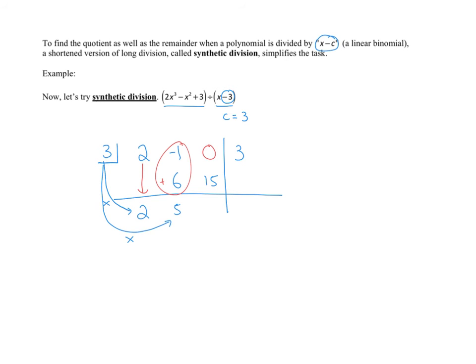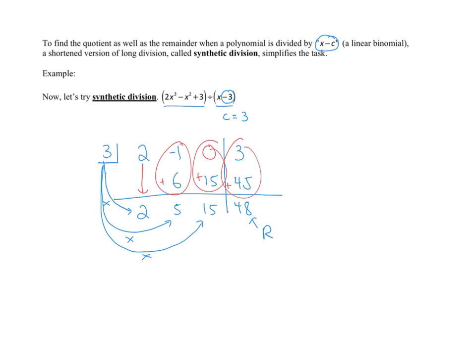We get 15. We add 0 plus 15. You get 15. Multiply 3 times 15. You get 45. Add 3 plus 45. You get 48. And the very last number is going to be the remainder.